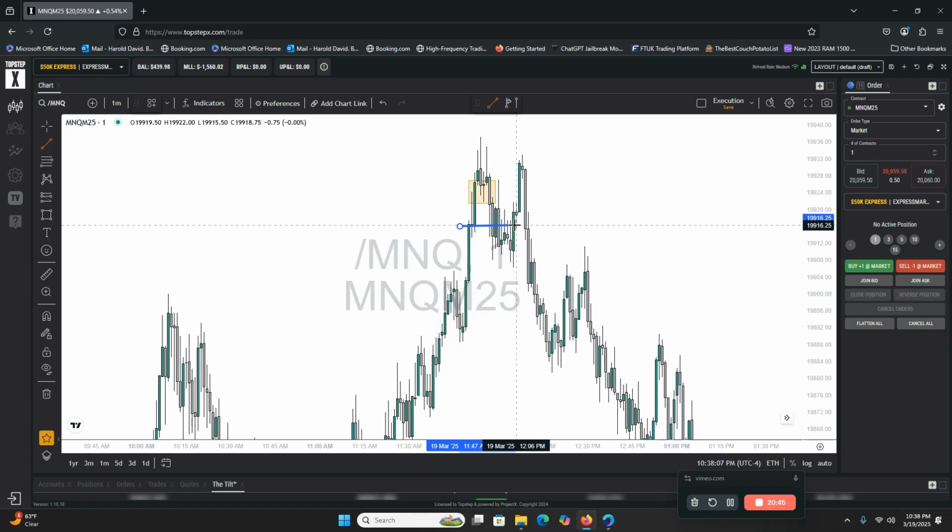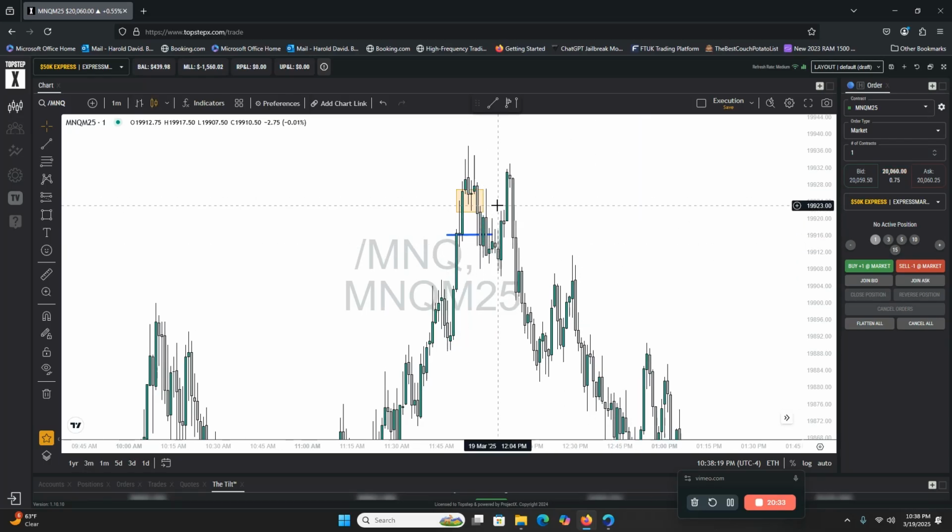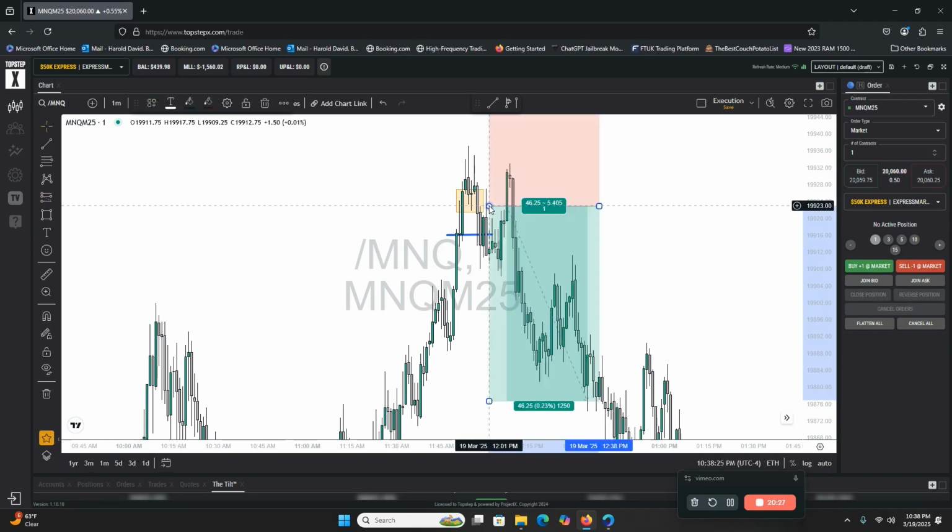And I'll tell you another way you can approach this. We get the candle body close. We put our limit order at the advanced market structure shift, or we can enter at the inversion. I believe I entered at the inversion in this case. So I entered when we retraced with this wick.